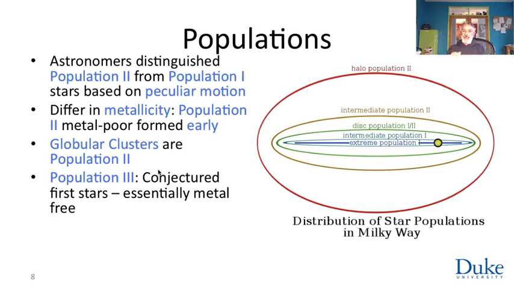That does not mean that they're stars made of iron. The sun, with its trace contamination of carbon and oxygen and iron and calcium and silicon, is a population 1 star that's called metal rich. The stars that we find in globular clusters are far more poor in metals, and so we call the metal poor stars population 2.